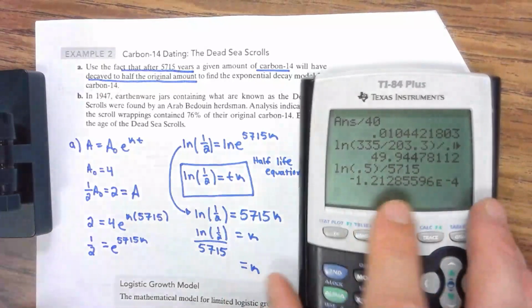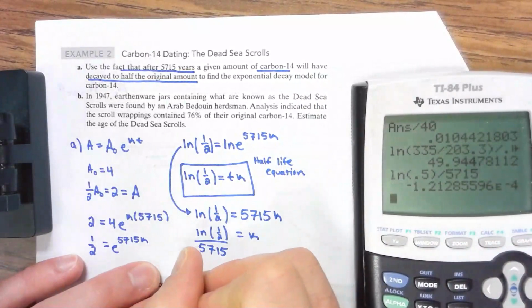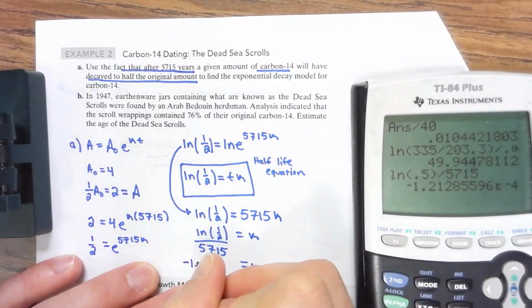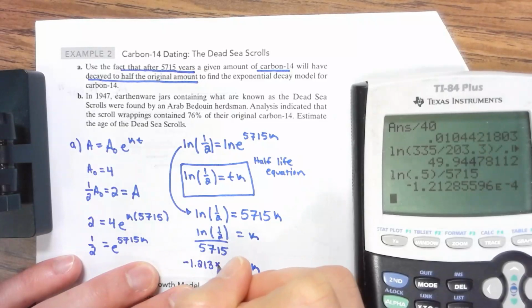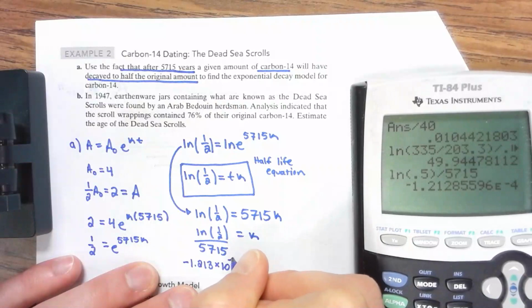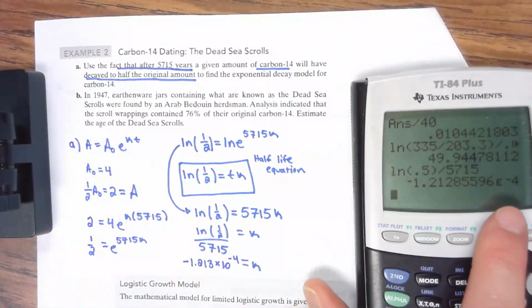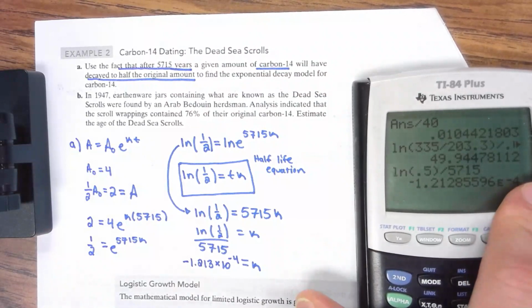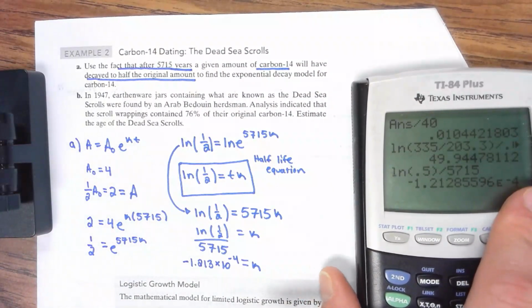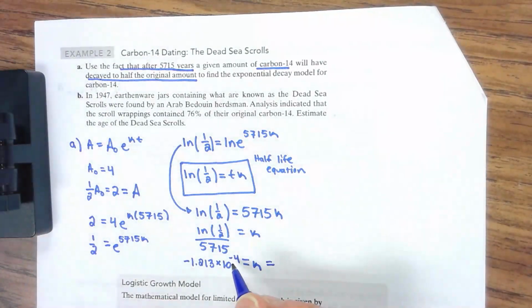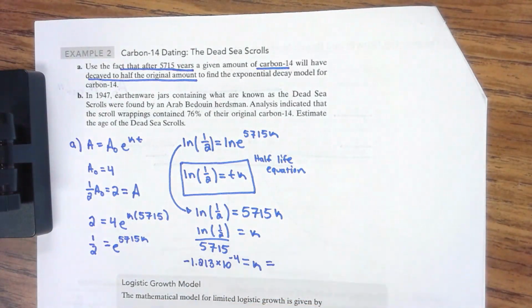Okay, so this value, that e means times 10, so this is negative 1 point, let's go to 3 decimal places, so 213, and then times 10 to the power of negative 4. So that e is essentially the calculator's way of saying times 10 to the power of whatever comes after the e. And so when we have this, it's telling us to move the decimal place 4 to the left.